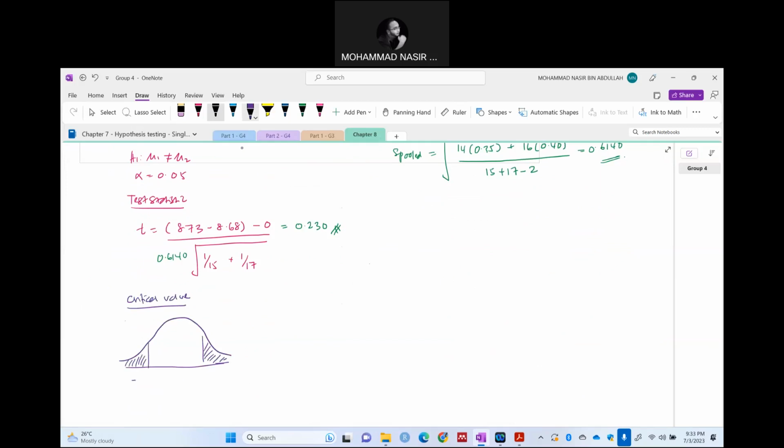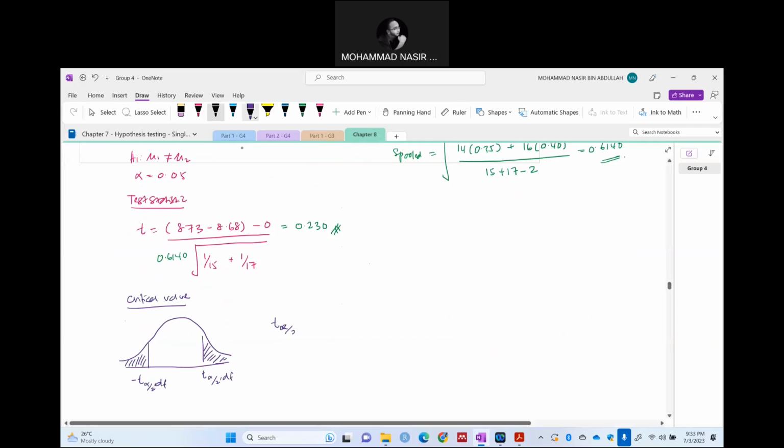So negative T alpha divided by 2 with degree of freedom, and T alpha divided by 2 with degree of freedom is equal to T 0.025, 0.05 divided by 2, 0.025.